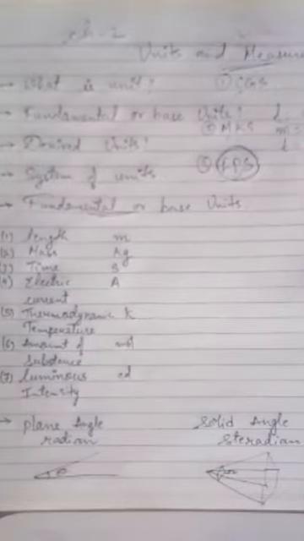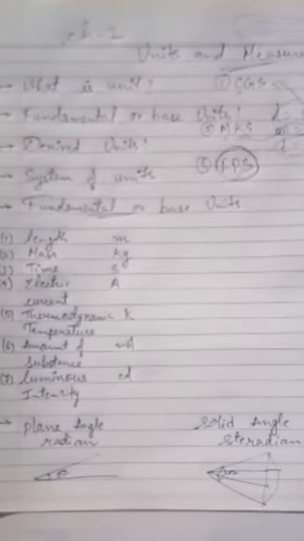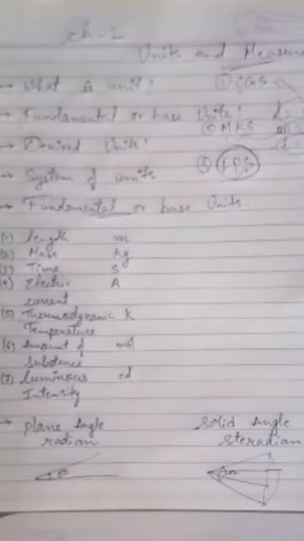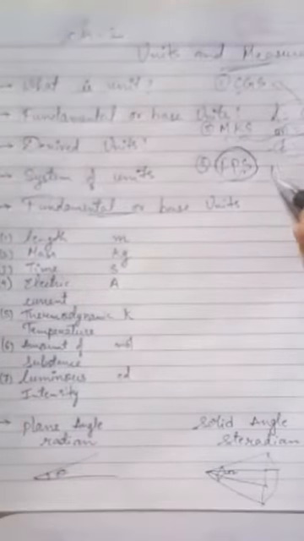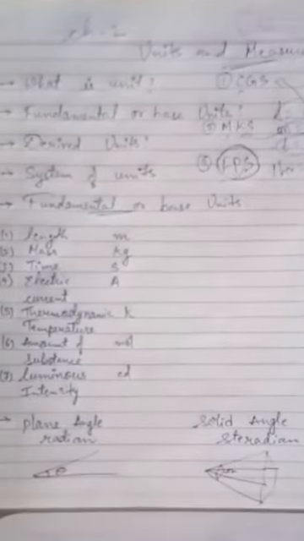Here length is of CGS type, that is centimeter. Mass is of MKS type, that is kilogram. Time can be converted in second, because in all the 3 it should be second. So 1 hour equals 3600 seconds, that you will convert.